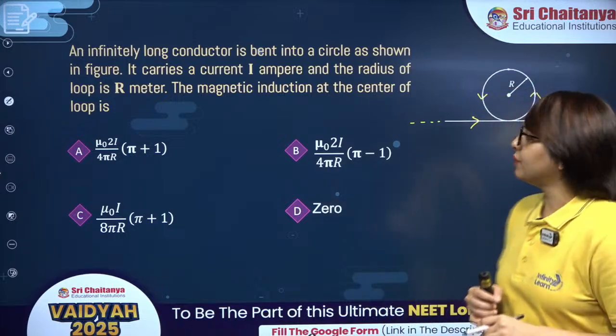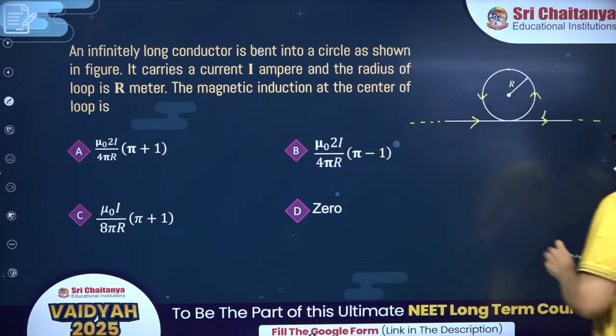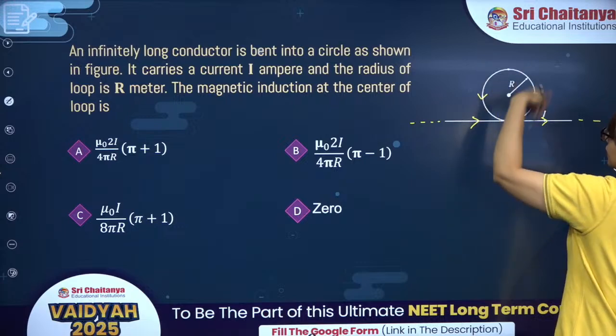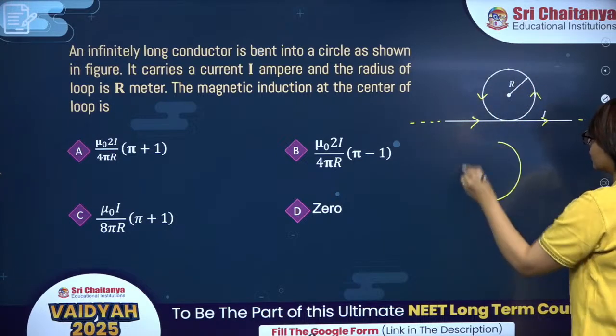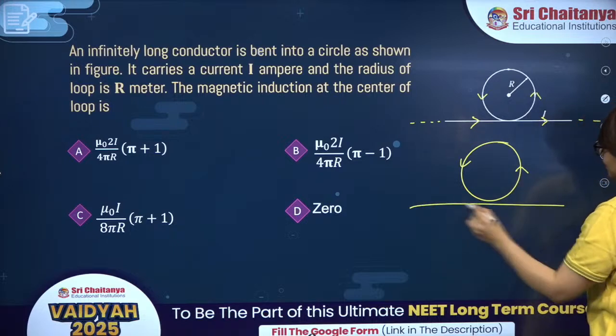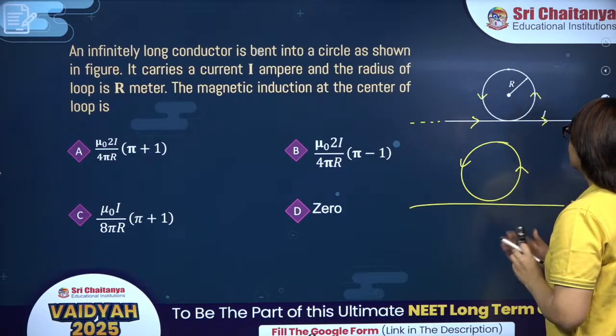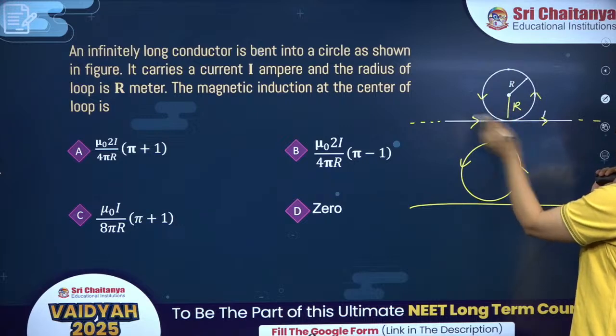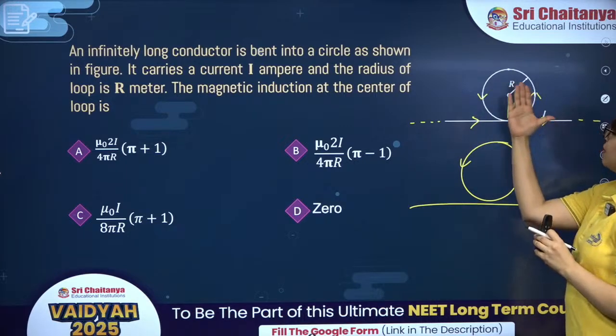It is option C. Well done. See, it can be considered as two different figures, right? One is a circular wire and the other one is a completely long infinite wire. So magnetic field at a distance r from an infinitely long wire will be what?